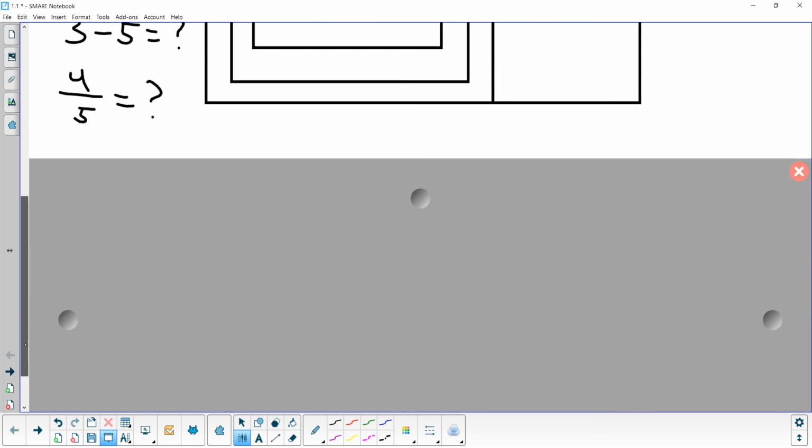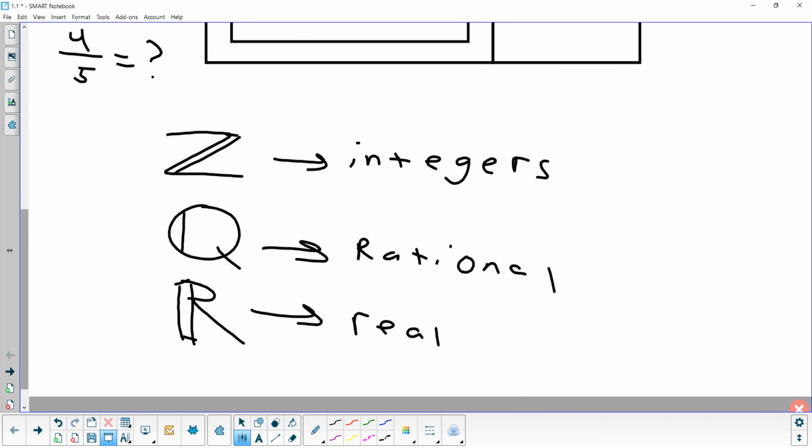So there are some symbols that we use when we talk about some of these number systems. A couple of them I think I can explain. This capital R stands for the real number system. We use a Q for rational. We can't use an R again because we already used that. Anyone have a guess where the Q might come from?